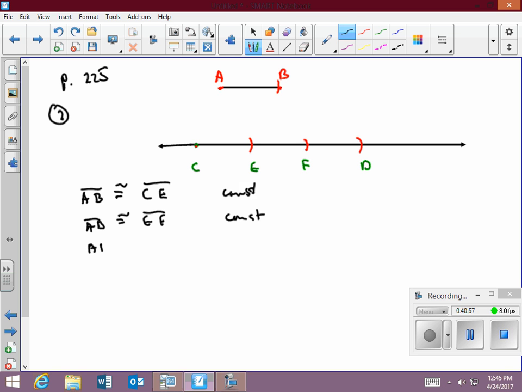And then AB is congruent to FD, and that's construction. And you know, the line segment CD is equal to 3 times the line segment AB. That's essentially what you're doing, right?